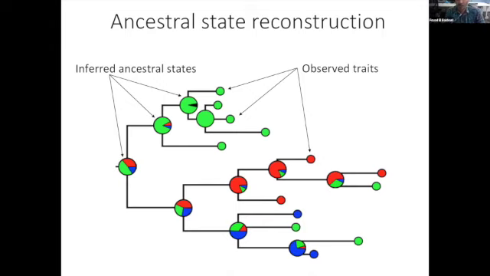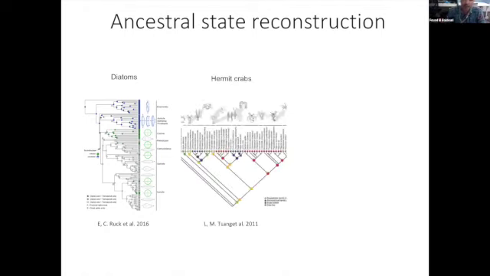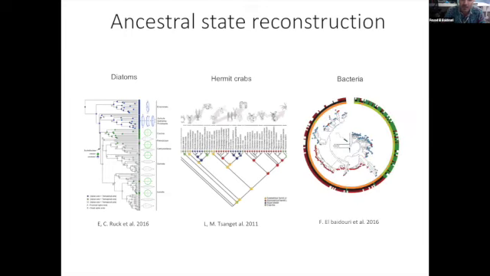We did this in collaboration with my colleagues at the University of Reading. This approach has been validated in different organisms. It was used for diatoms, for example, using parsimony, and to reconstruct the morphology of hermit crabs. We even used it recently to reconstruct what the ancestor of Firmicute bacteria looked like.